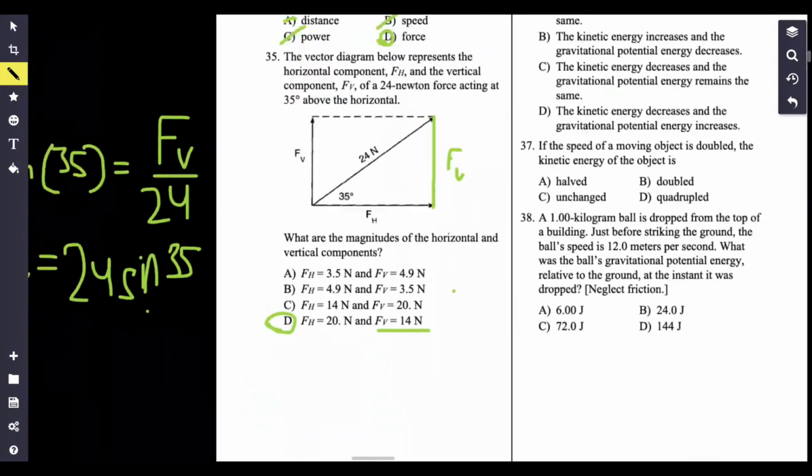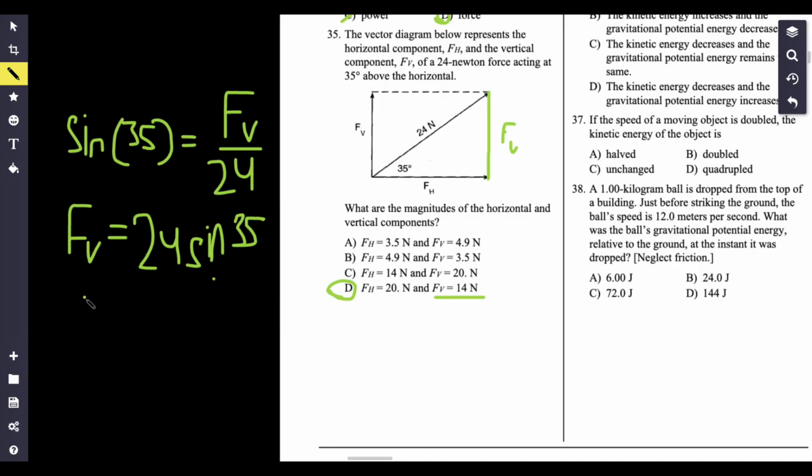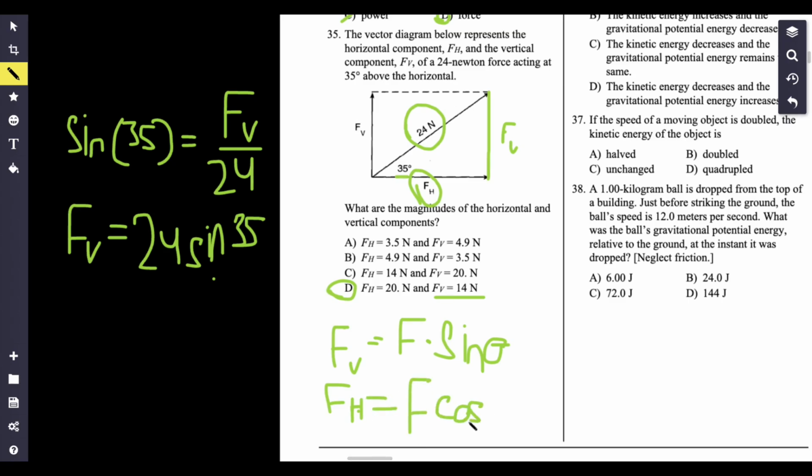And also for the cosine, just remember that cosine of 35 is equal to adjacent over hypotenuse, and you get the same thing. So the general formula is that the force in the vertical direction is going to be equal to the original force times sine of that angle, and then the horizontal force is going to be that force times the cosine of that angle.